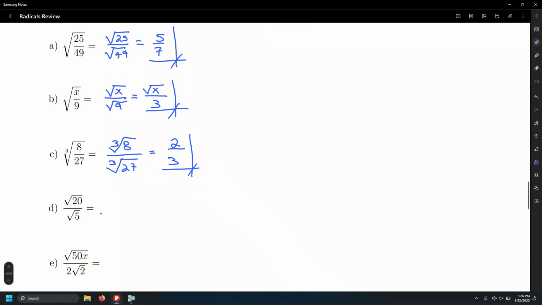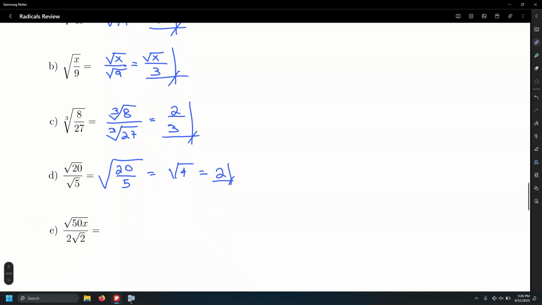So in this case, write it as one single quotient, 20 over 5. How about we divide 20 by 5, which equals 4? And isn't that a nice perfect square? That's a 2. All right. Same with the next one.